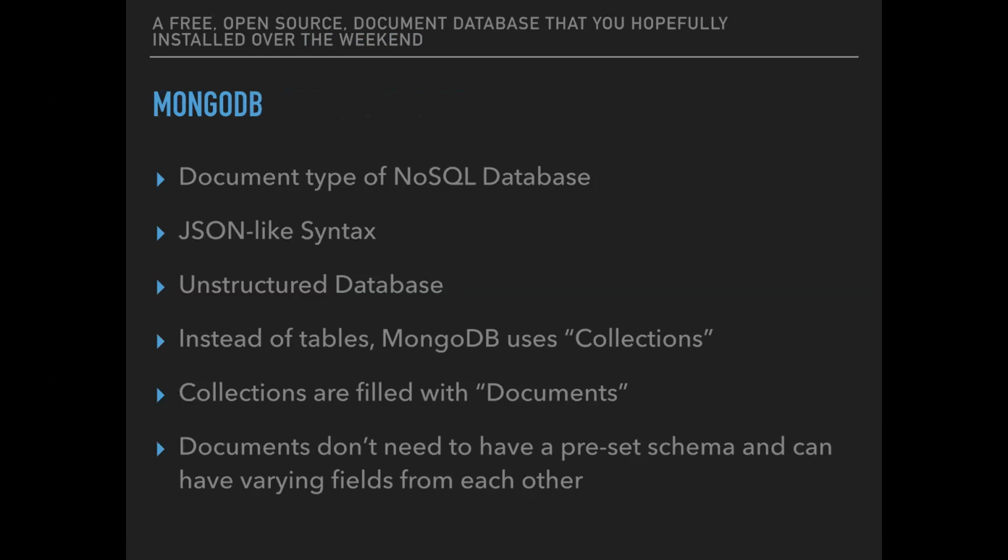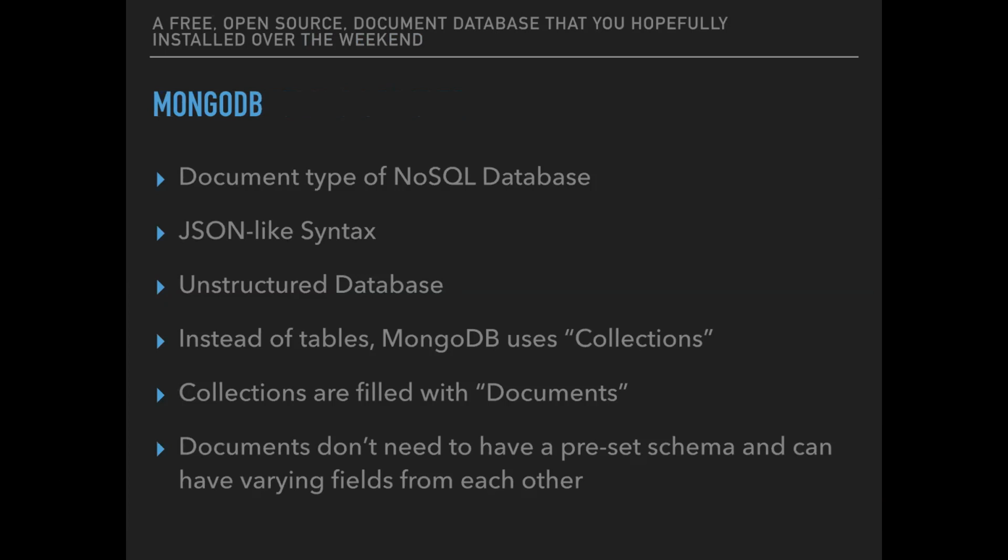So instead of tables being contained within the database, it uses JSON-like syntax. However, it is still written in C++, just like the underlying machinery of SQL is written. It is unstructured, and these tables aren't really going to be tables. They're going to be called collections. And every collection is like a broom closet.